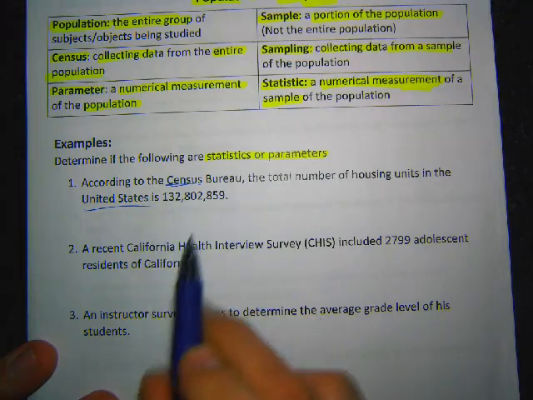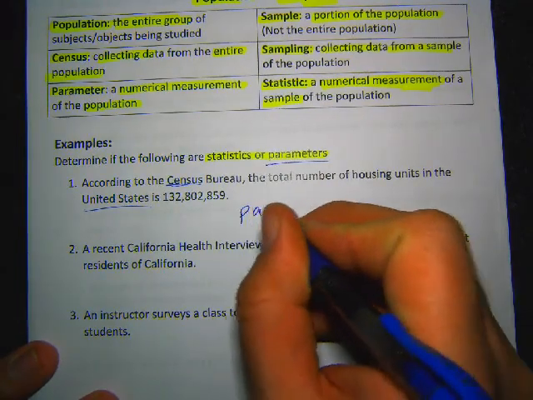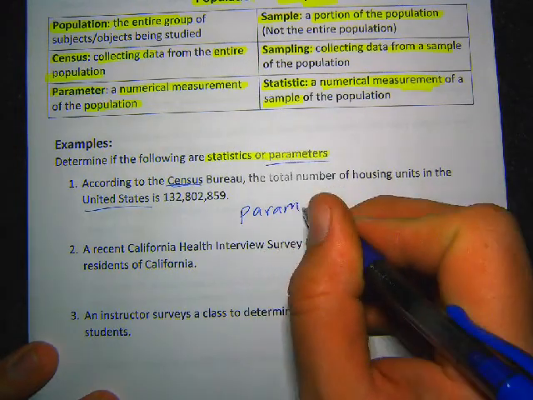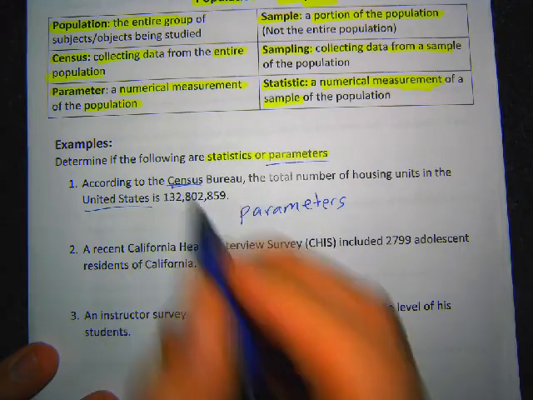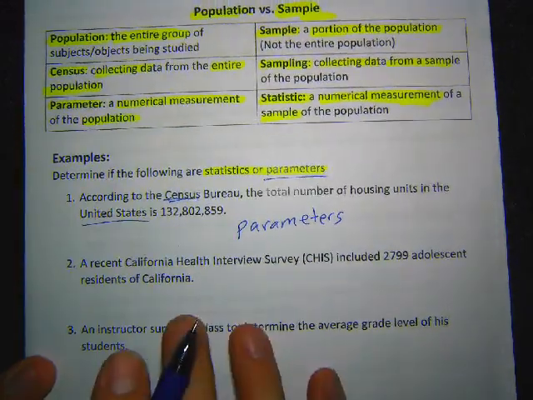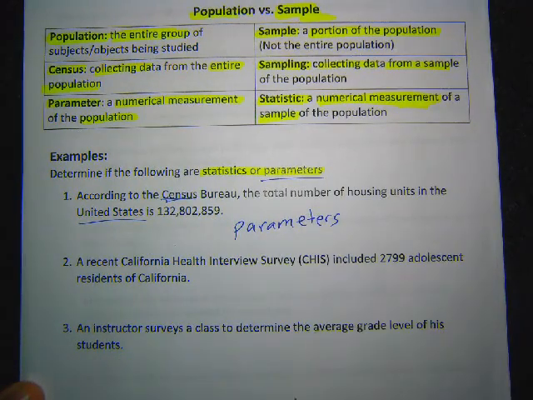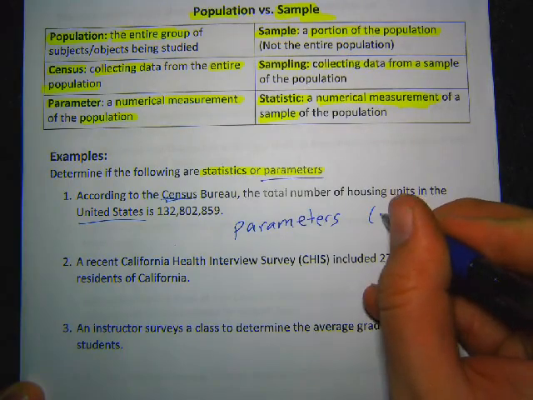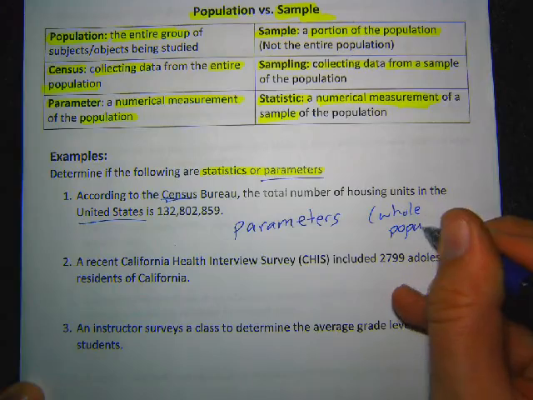We're looking at the entire country, so that makes it a parameter. Parameters measure the entire population, and we use censuses to measure population. So that was a good hint that this is a population value. Anytime you use a parameter, you're measuring the whole population, everything.